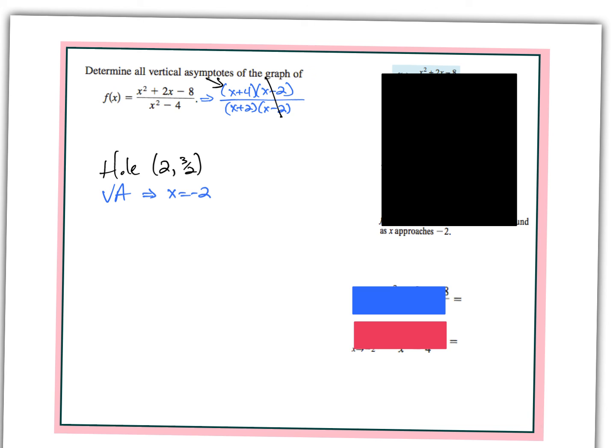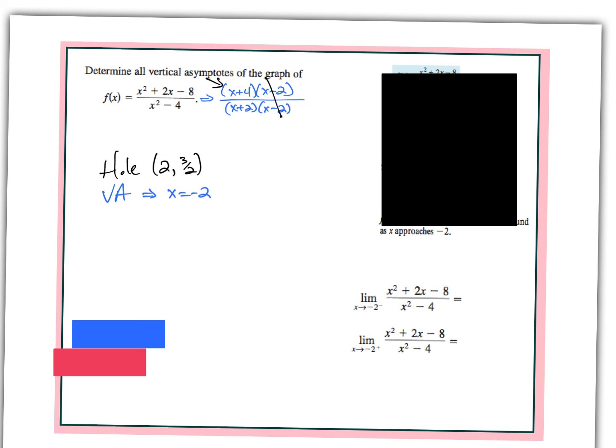All right, so we have our hole there, we have a vertical asymptote there. So now I want to figure out a little bit left of -2 and a little bit right of -2. Now, I personally would not keep the original function. I would think about the simpler function. Are you following me?